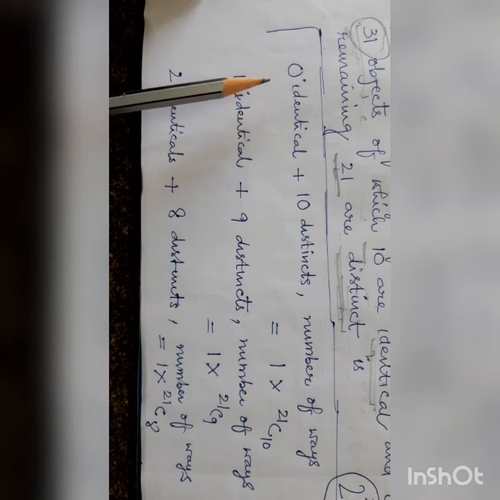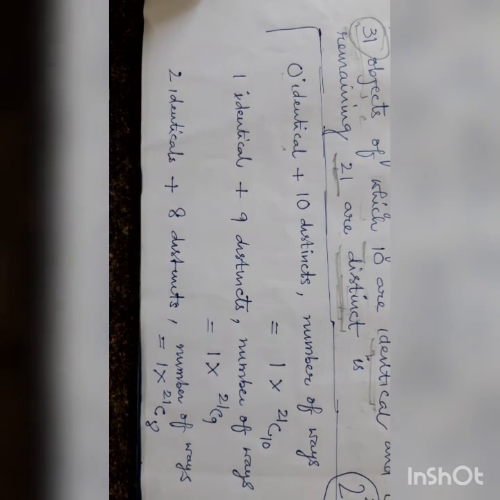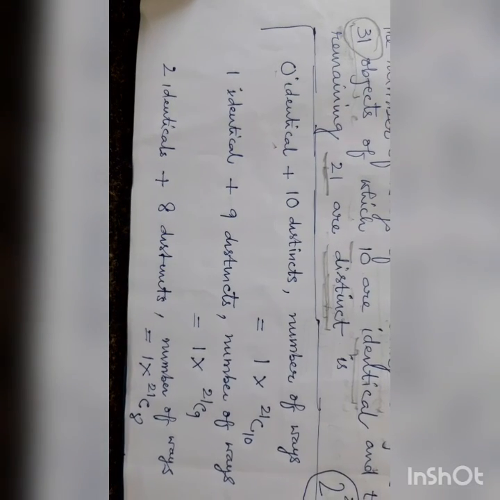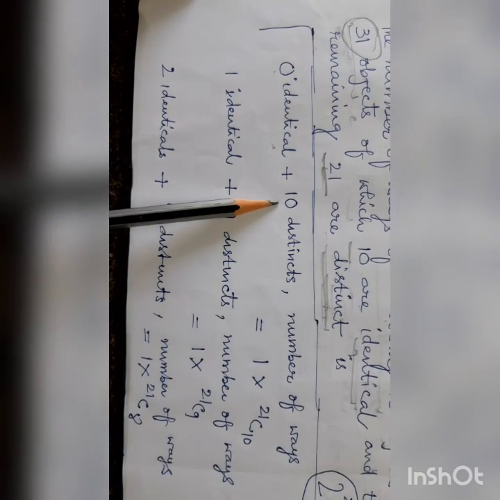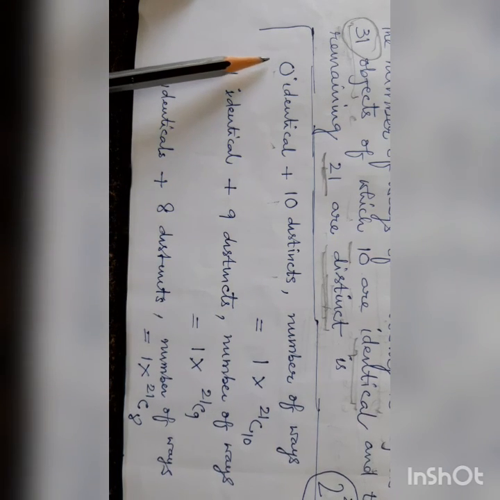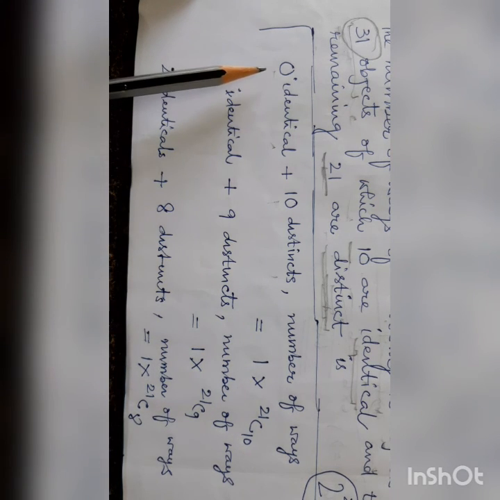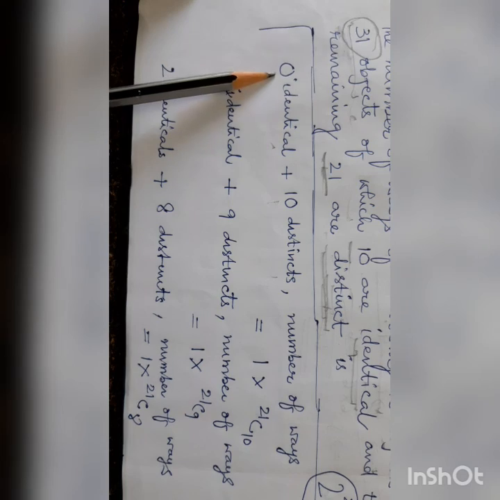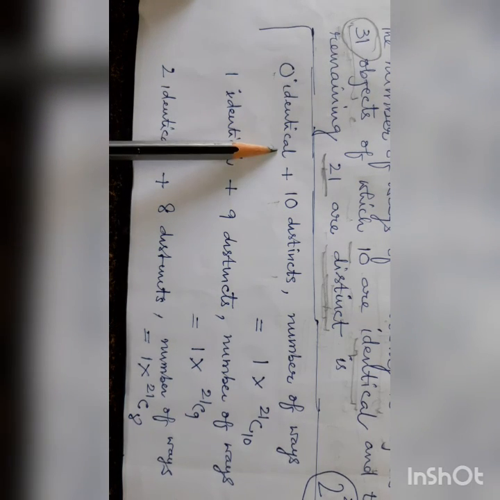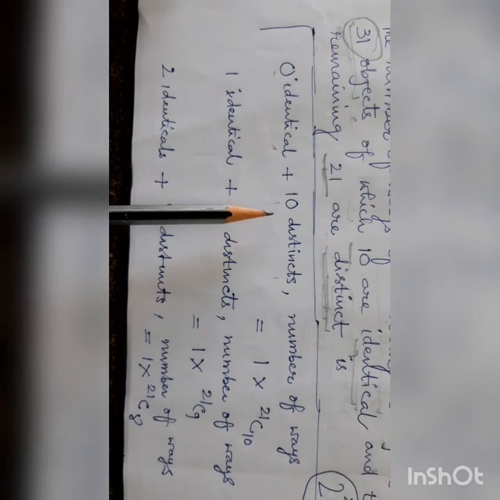First, no identical. Suppose you choose all 10 objects as distinct objects. I am considering the different cases. First, I start the case with 0 identical. It means all 10 are distinct, whatever 10 you choose.